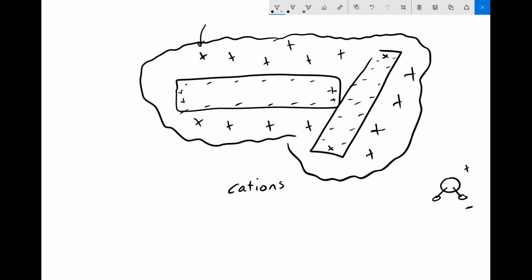And because of this, if there's water present, it's going to try to attract the positive end of the water into this cloud as well. And so all sorts of water molecules get built into these ions. And the interesting thing is, because the positive side is being attracted to the clay molecules, you have the outside portion of the water that's negative, and it's pointing out, so it's attracting more cations in.